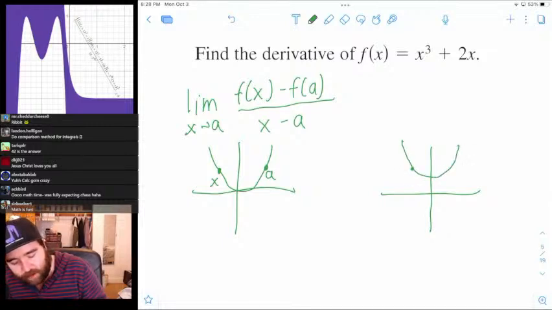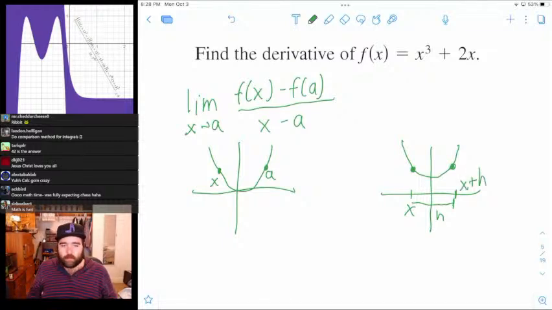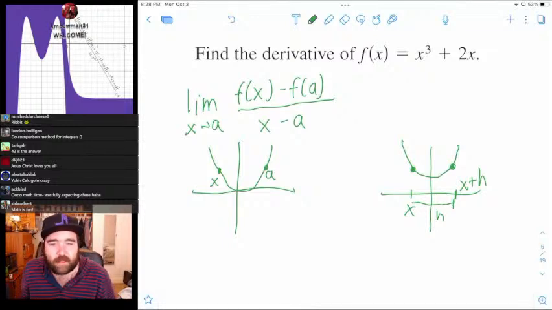We have this x here, and then we have this other point, but instead of thinking of them as the points, we think about the distance between them. So in that case, this x value is x plus whatever distance is between them, so x plus h.